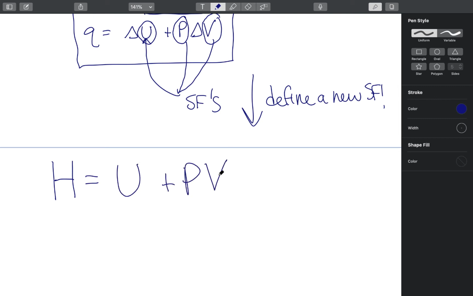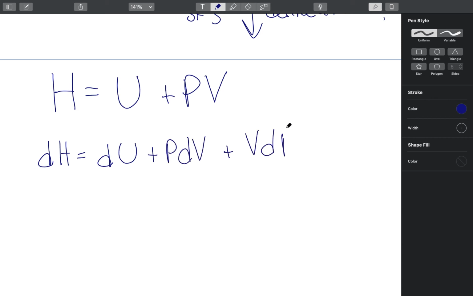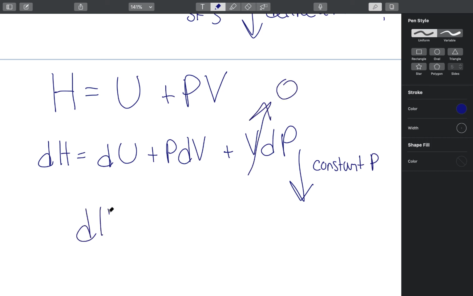Now we're going to differentiate this equation. When we differentiate this equation, we get dH is equal to dU plus P dV plus V dP. Now we're under constant P, or constant pressure, so therefore this term goes to 0, giving us dH is equal to dU plus P dV.